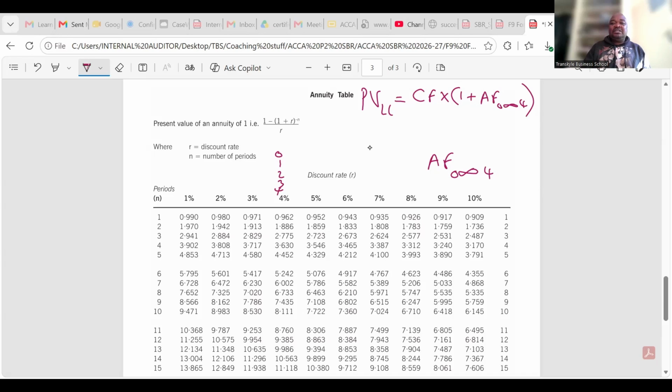So the annuity factor for up to the fourth year at 5%. Remember, we are using 5%, which is our borrowing rate. So we go to year 4. Year 4 is this one. The factor is this one.